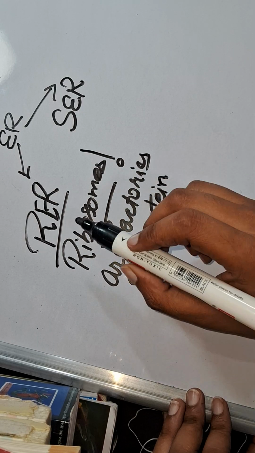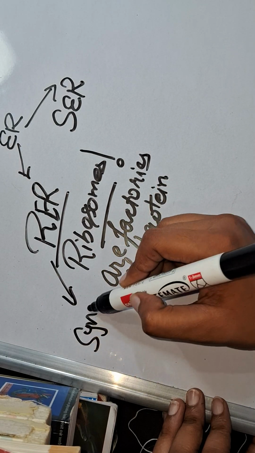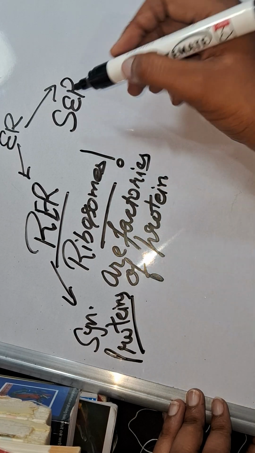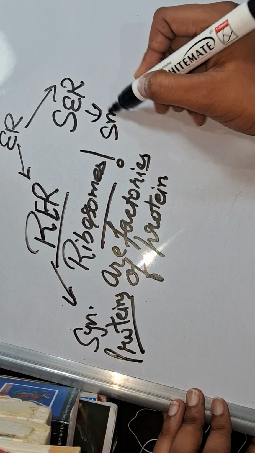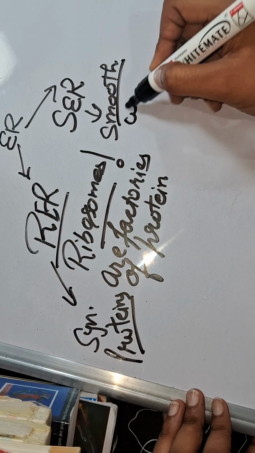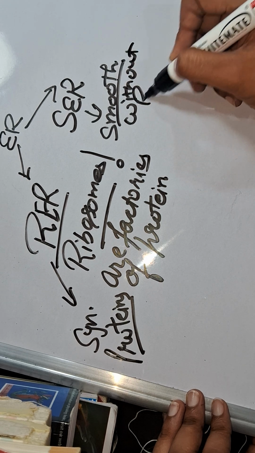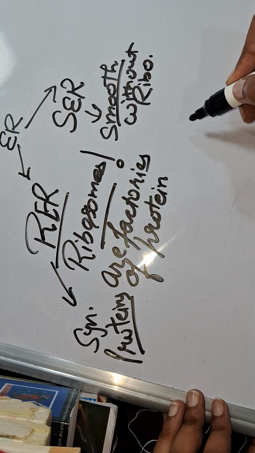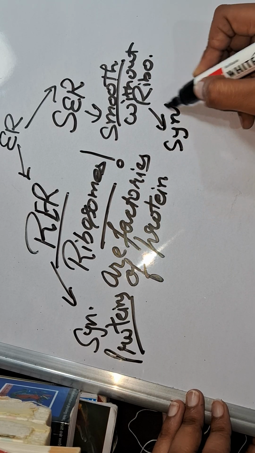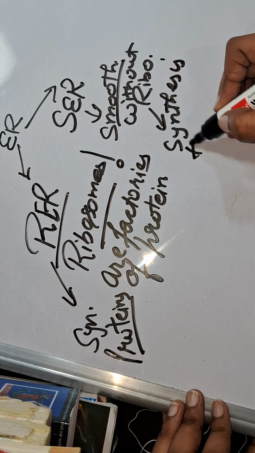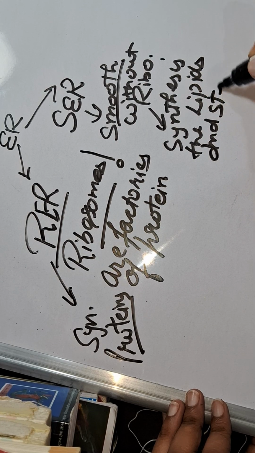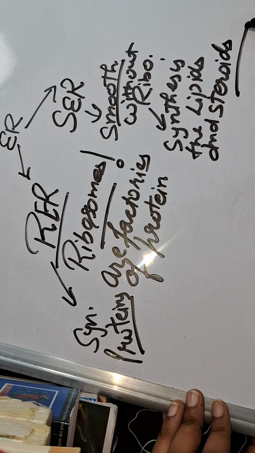So the main function of RER is to synthesize proteins. Clear? And SER, the smooth endoplasmic reticulum, is called smooth because it is without ribosomes. Therefore their main function is to synthesize lipids and steroids. Clear?